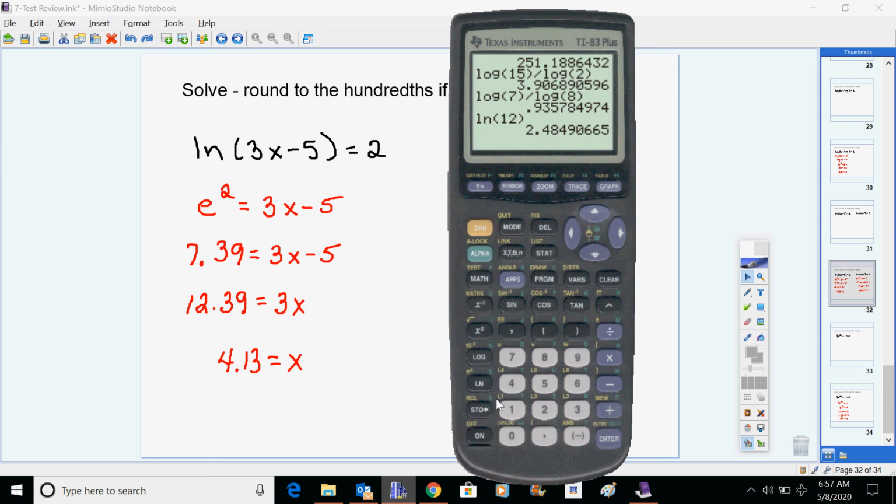So here's e to a power. E is also hiding over here, so we've got it in a couple different places. But we can do e to the second power if we need to start, and whatever power you need to on that. And then you can just add 5 and divide by 3.